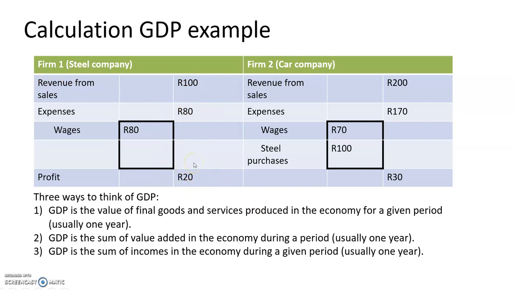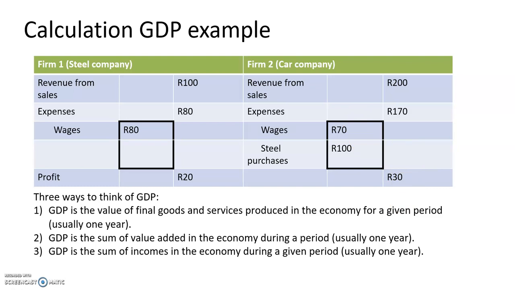Firm 2 buys the steel and uses it together with workers and machines to produce cars. Revenue from car sales is 200 Rand, and of the 200 Rand, 100 Rand goes to pay for steel and 70 Rand goes to workers in the firm, leaving 30 Rand in profit to the firm.